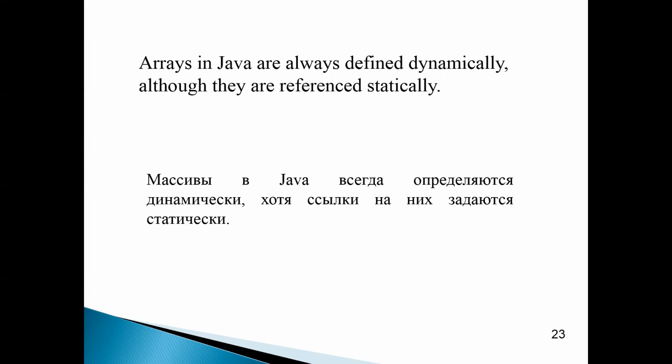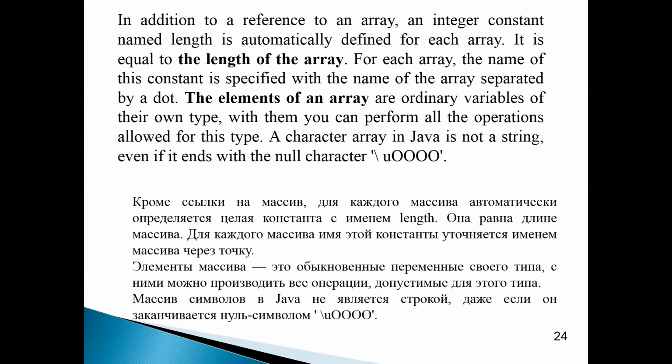Arrays in Java are always defined dynamically. Also, they are referenced statically. In addition to the reference to an array, an integer constant named length is automatically defined for each array.